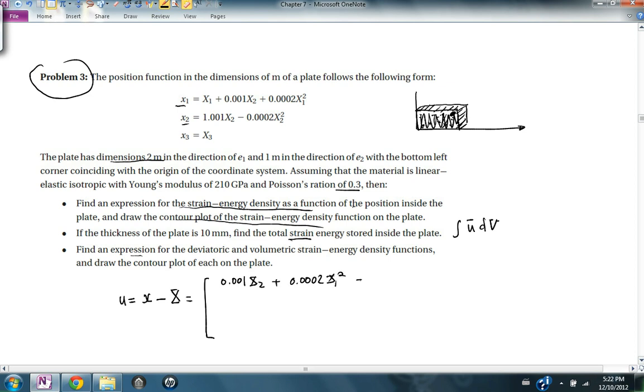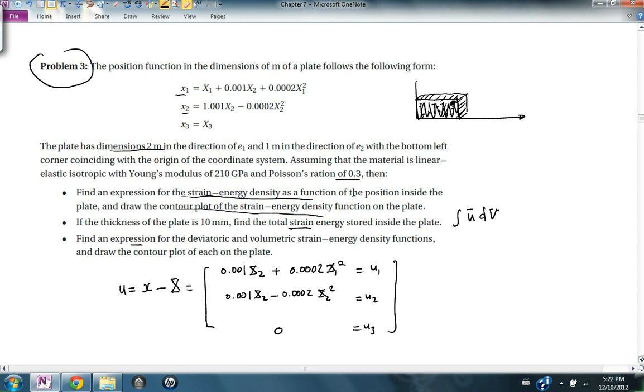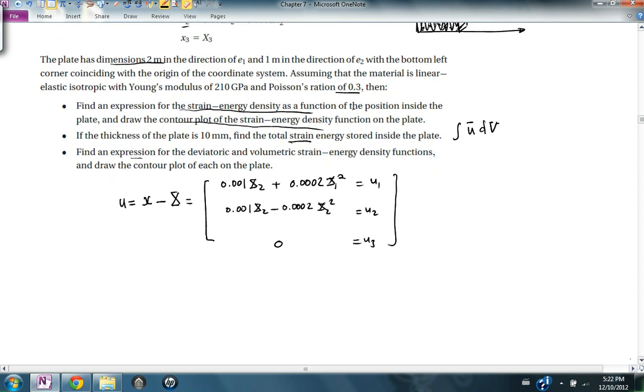The second component of the displacement is equal to 0.001 x2 minus 0.0002 x2 squared. So this is the vector of displacement of every point in the plate.